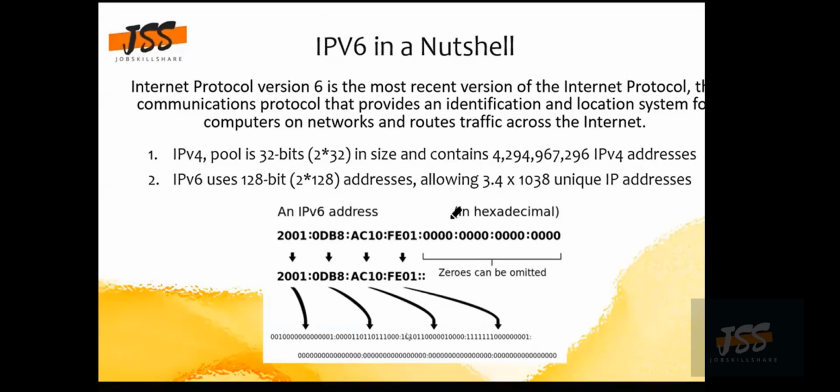Then this is how it looks. As opposed to IPv6, we have IPv4, which uses dotted decimal. But in IPv6, we are using hexadecimal. This is how it will look.